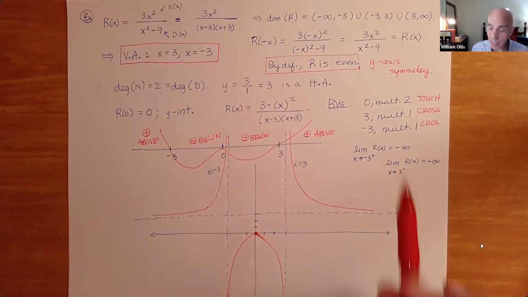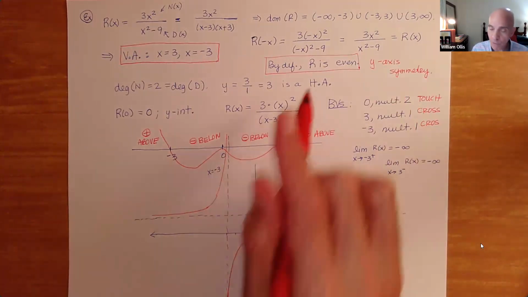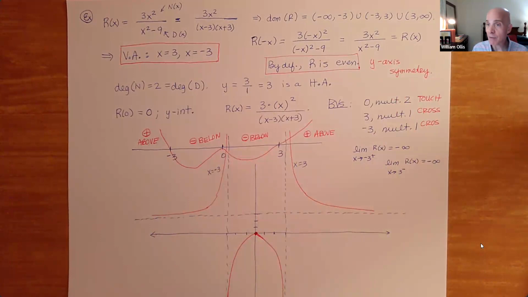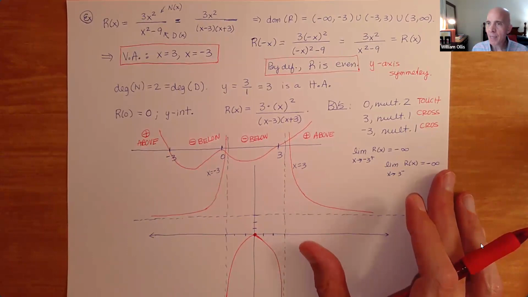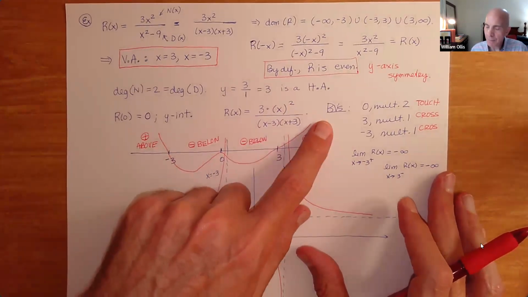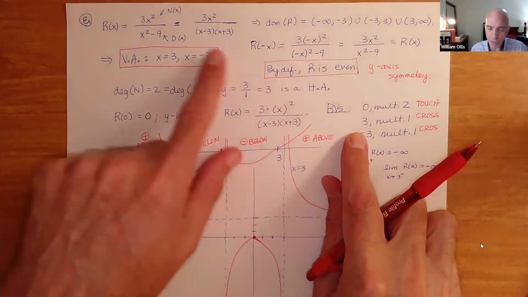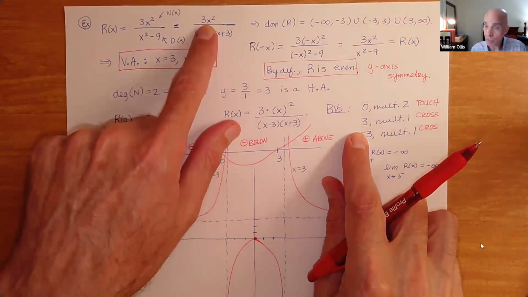And then, of course, in addition, noticing the y-axis symmetry that we get because the function is, in this case, even. Now, of course, not all functions are even, nor are they odd, and so we don't always have that luxury. But just notice the most important ingredient in all of this, the BVs, which are intimately tied to the vertical asymptotes in the domain, and again, the zeros.